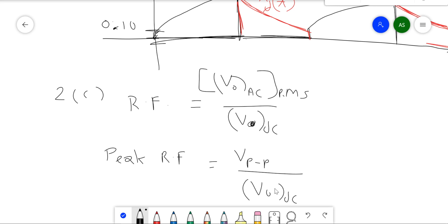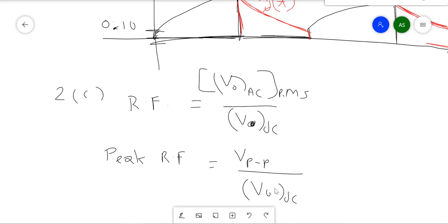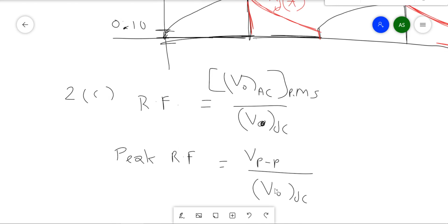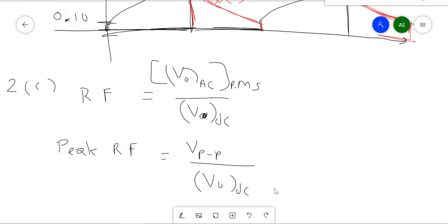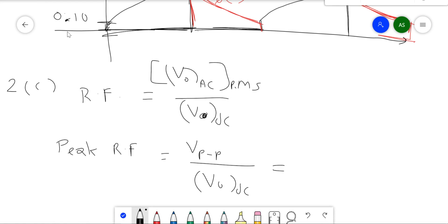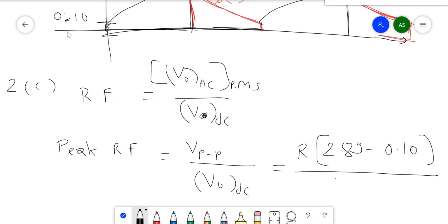So if you want to calculate the V peak to peak, what we will do is multiply R with 2.89 minus 0.10, divided by V0 DC.